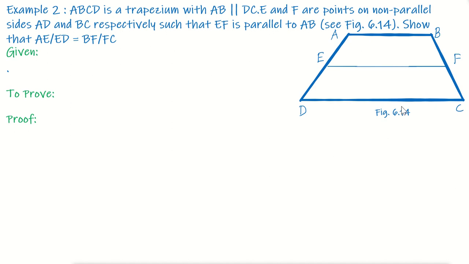See this from the figure. So இது இவ்வளவு தான் given. Clear ஆ கொடுத்திருக்காங்க. ABCD is a trapezium with E and F are the points on the non-parallel sides. EF is parallel to AB. We have to prove AE by ED is equal to BF by FC. The ரெண்டு ratiosum equal னு prove பண்ணனும்.